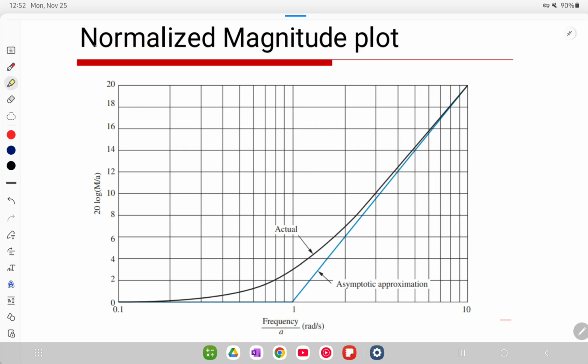So let's look at the normalized magnitude plot. What do you mean by that? It's a magnitude plot, still in 20 log scale, but this is the absolute value of your system over a, which is your y-axis. The x-axis is your frequency over a.